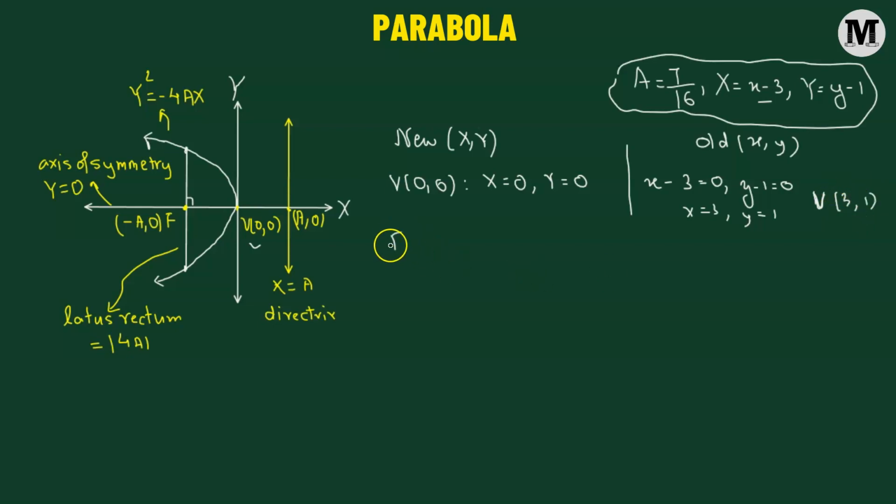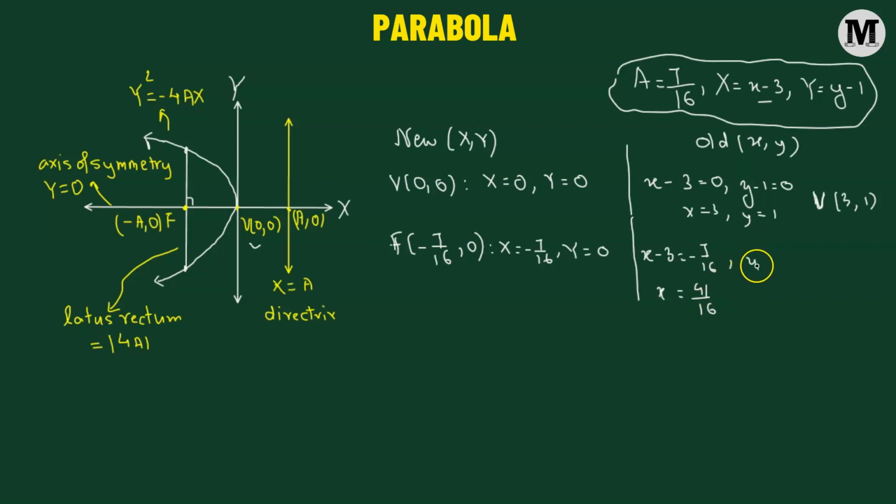Next, we come to the focus. The focus coordinates are given by (negative a, 0). Here a corresponds to 7 over 16. So the coordinates of the focus in the new coordinate system are (negative 7 over 16, 0). This means the X value is negative 7 over 16 and the Y value is 0. Now, if we use the old coordinate system, in place of X we replace x minus 3, which equals negative 7 over 16, which means x will be equal to 41 over 16.